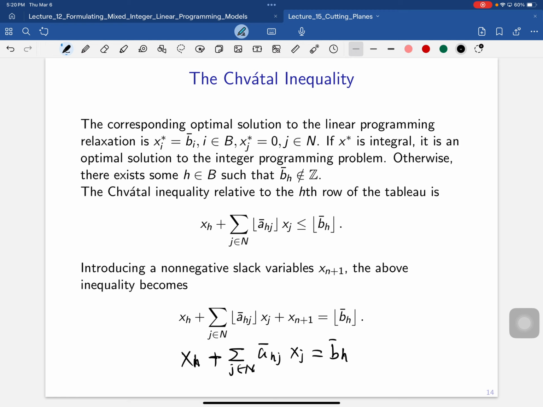I'm just going to take the difference of these two equations.